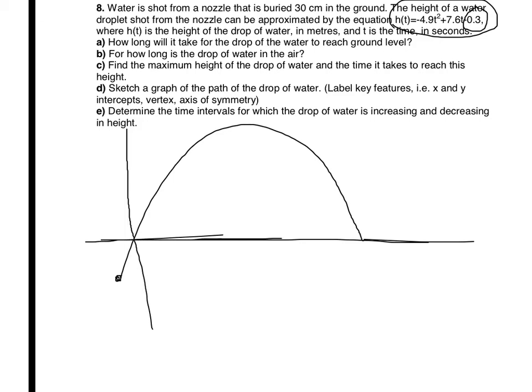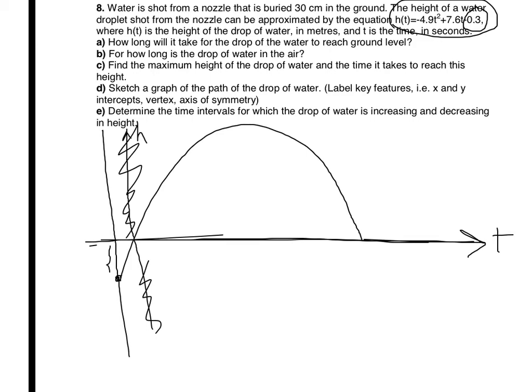This is going to be my t, this is going to be my h. Now the y-intercept is here, which is negative 0.3. And this is my coordinate system. So my graph looks like this.